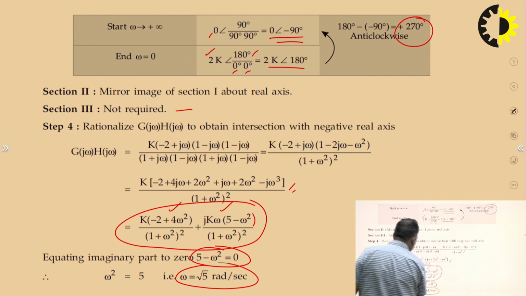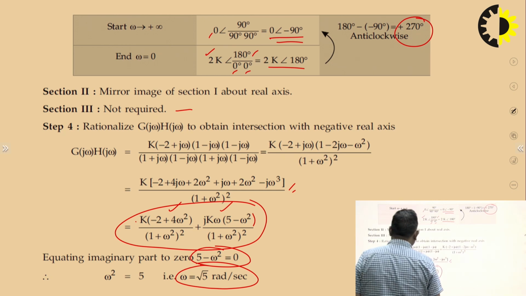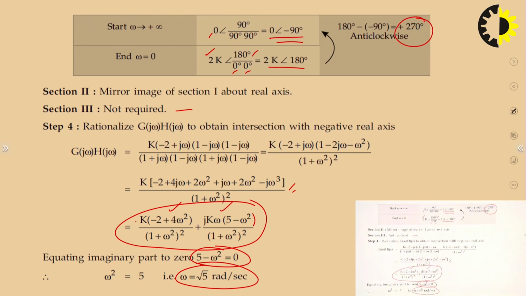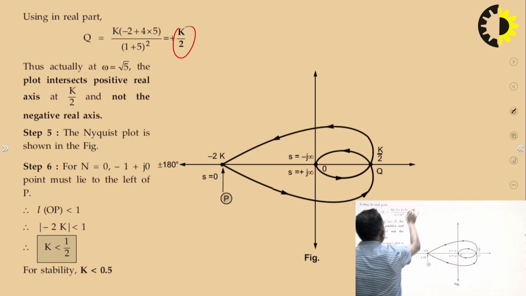It means omega equals to root 5. Now put this value omega equals to root 5 in the real part. So you get the point at which the Nyquist plot will cut the negative real axis. When you solve it, it is the value minus k by 2. It means this is the point at which it will cut.